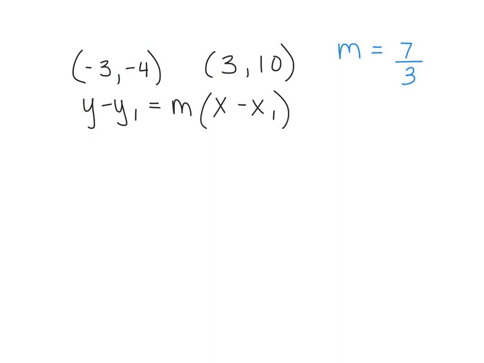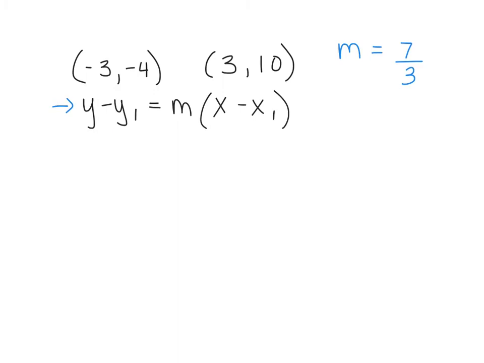Now that we found the slope, we're going to go ahead and find the point-slope form, or the point-slope equation. So again, this is the point-slope equation, y minus y1 equals m times x minus x1. And I already know what my m is. My m is 7/3.